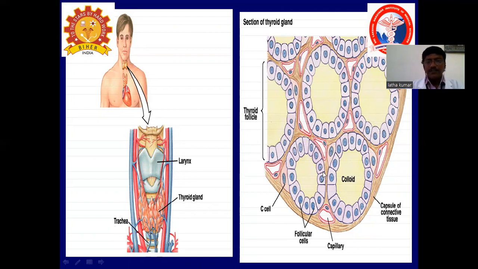And the right side picture shows the histological schematic structure of the thyroid gland, which consists of colloid, capillary, follicular epithelial cells, and capsules. In between the follicle cells, there are C cells.